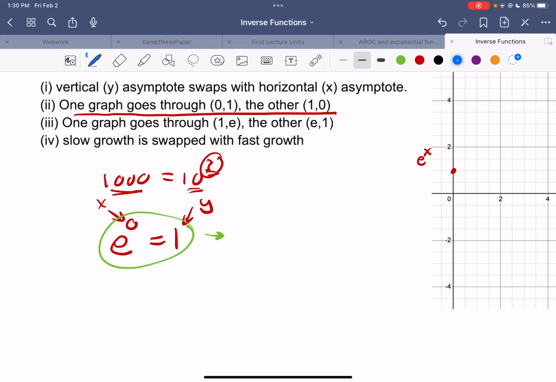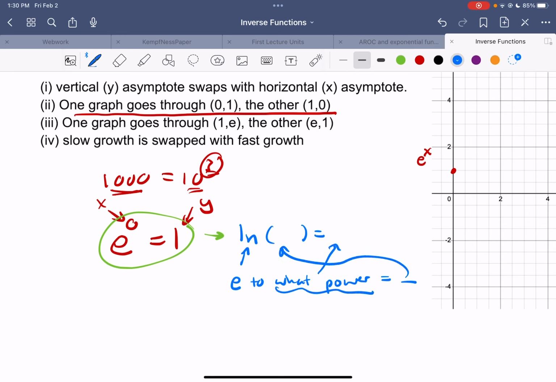In log form, this is saying e to what power equals blank. So the what power goes here, and the blank goes here. We know e to the 0 power equals 1.